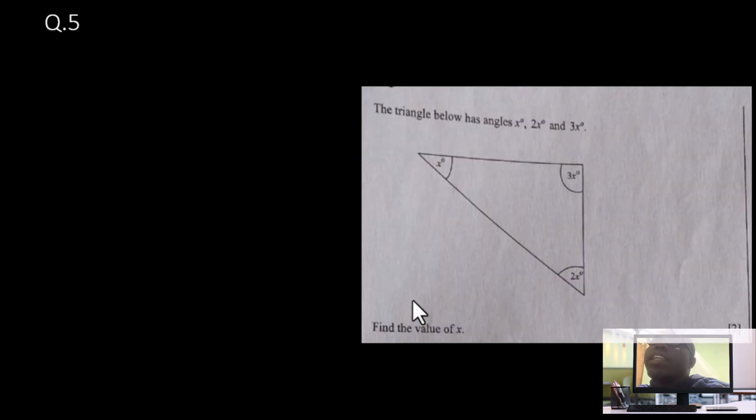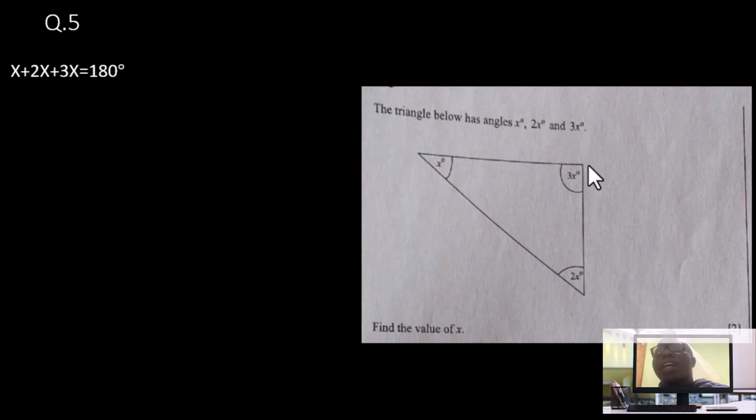Then our last question, question 5. The triangle below has angles x, 2x and 3x. Find the value of x. Every triangle adds up to 180. So we're going to say x plus 2x plus 3x equals 180.